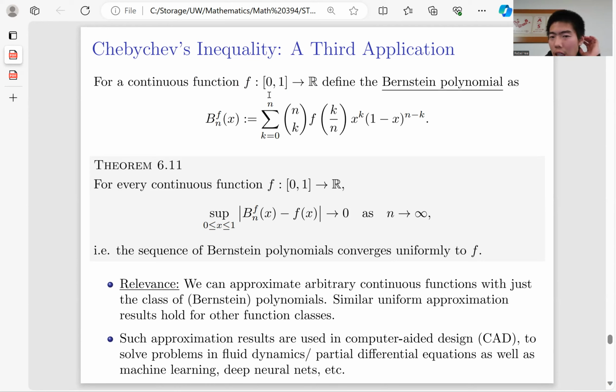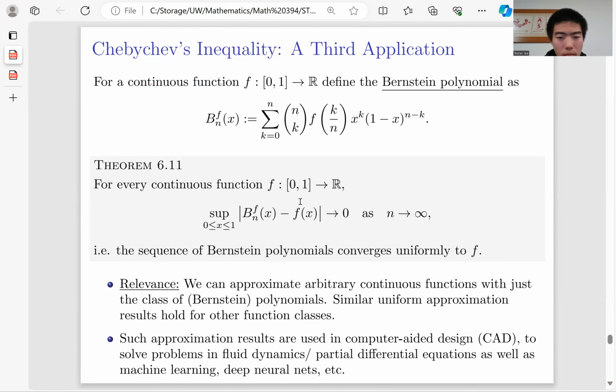And that is exactly the binomial distribution. So it's just like a binomial distribution times certain terms, this f, and f is a continuous function.